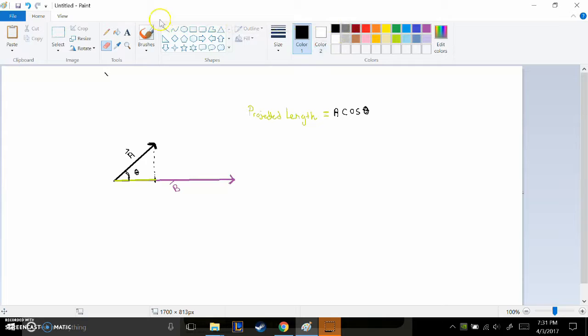Now what the actual dot product means to do, and it's typically written like this, we have A vector dot B vector. And what that means conceptually is, look at A vector and look at B vector. How similar are these two vectors?